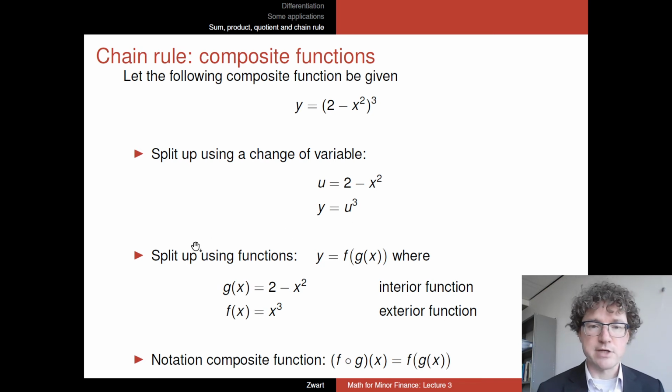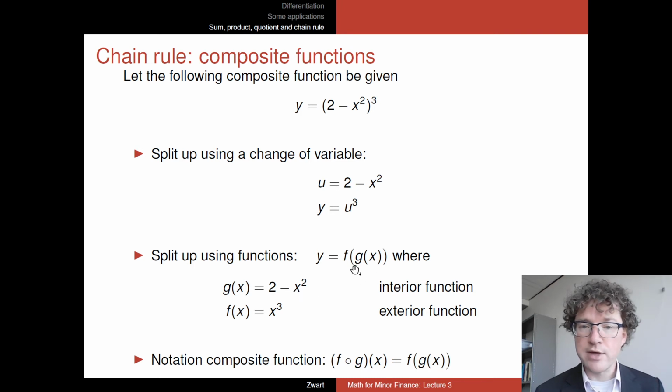A different way of saying this is that I define y as the composite of two functions. We first apply a function g to x, where g is 2 minus x squared. So we first compute g on x, in other words 2 minus x squared.